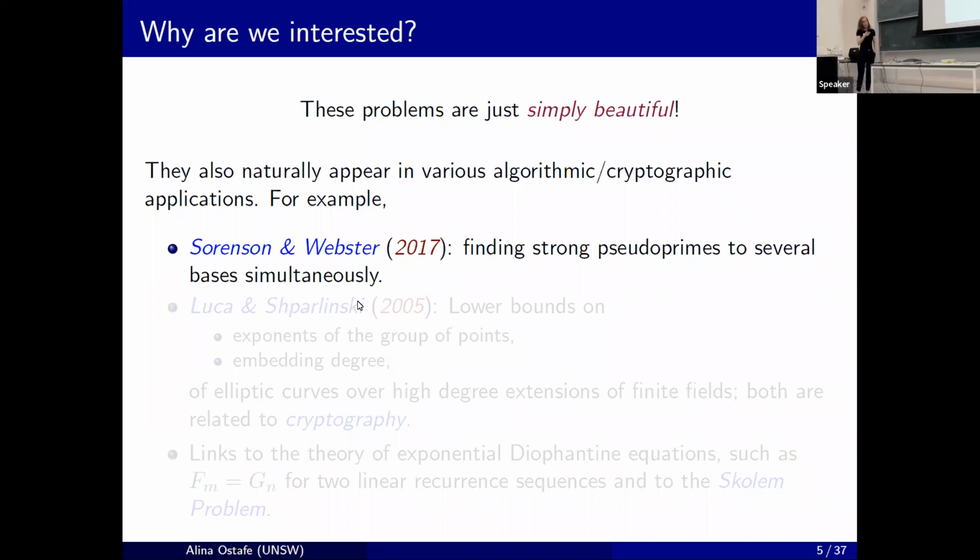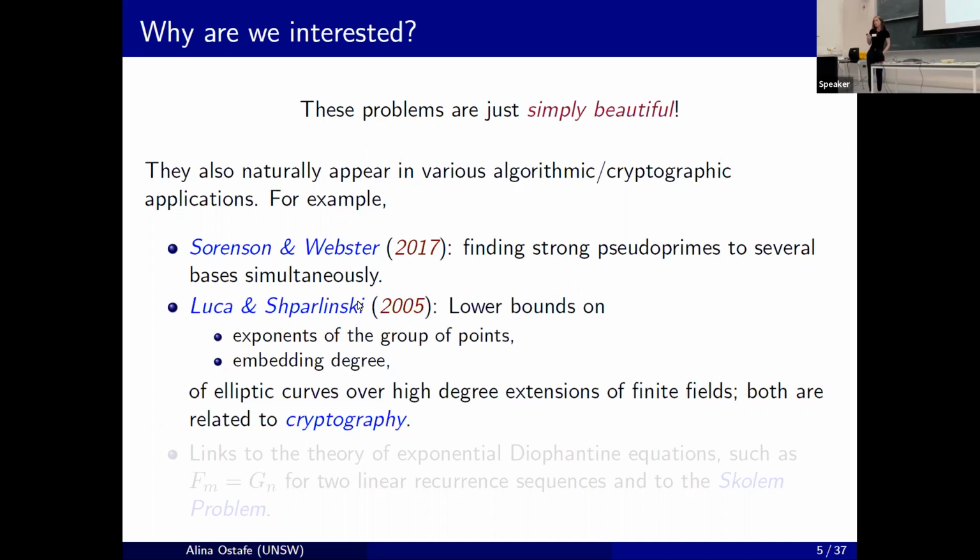For example, recently Sorenson and Webster, so these GCDs a la Bugeaud, Corvaja, and Zannier in the number case appeared in recent work of Sorenson and Webster in finding strong pseudoprimes to several bases simultaneously.